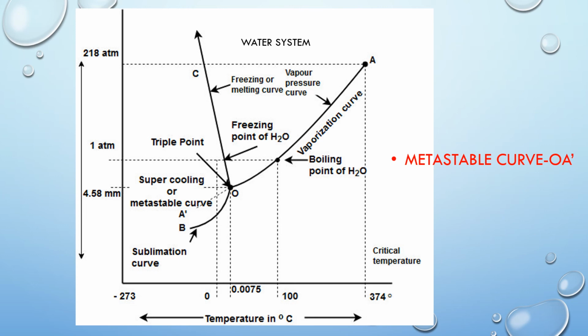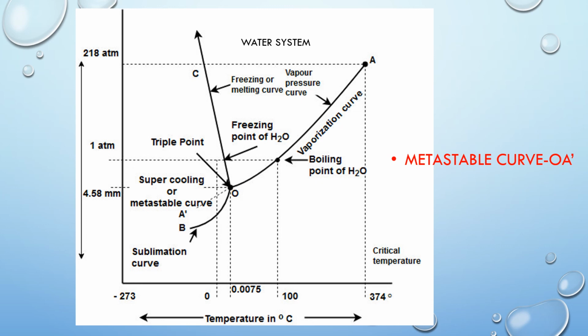The supercooling of water can be shown by dotted curve OA dash. Along the curve OA dash, the liquid vapor system is said to be in metastable equilibrium. It is called metastable equilibrium because even a small particle of ice converts all of supercooled water into ice.